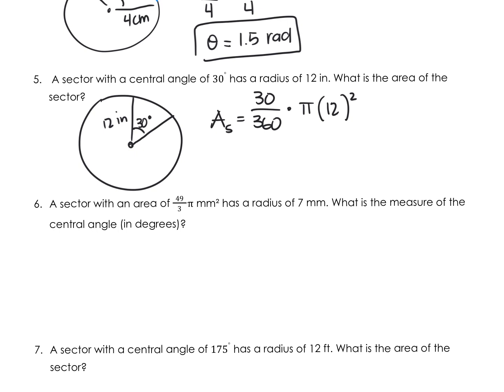I'm going to leave it in terms of pi, so 30 divided by 360 times 12 squared gives me 12 pi inches squared. If I wanted a decimal, I'd multiply 12 by pi, which is roughly 37.7 inches squared.